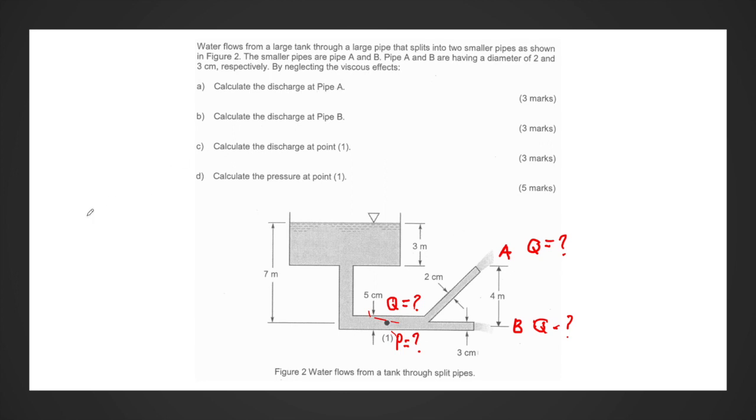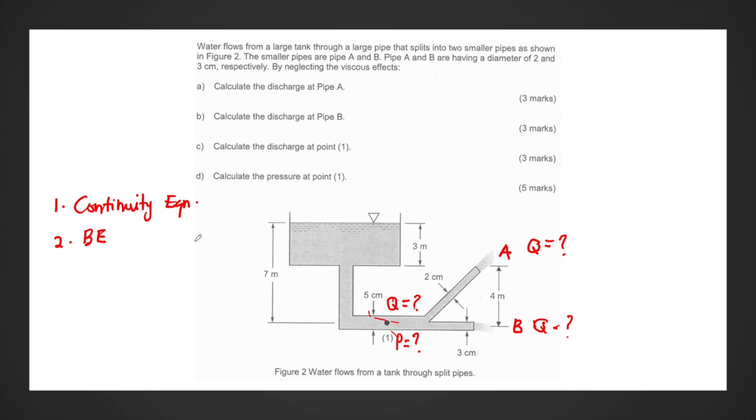We know that we have two different equations in order for us to determine the discharge. First is the continuity equation. Second is Bernoulli's equation. So this is number 1 and this is number 2. Can we solve by using the continuity equation for number 1?